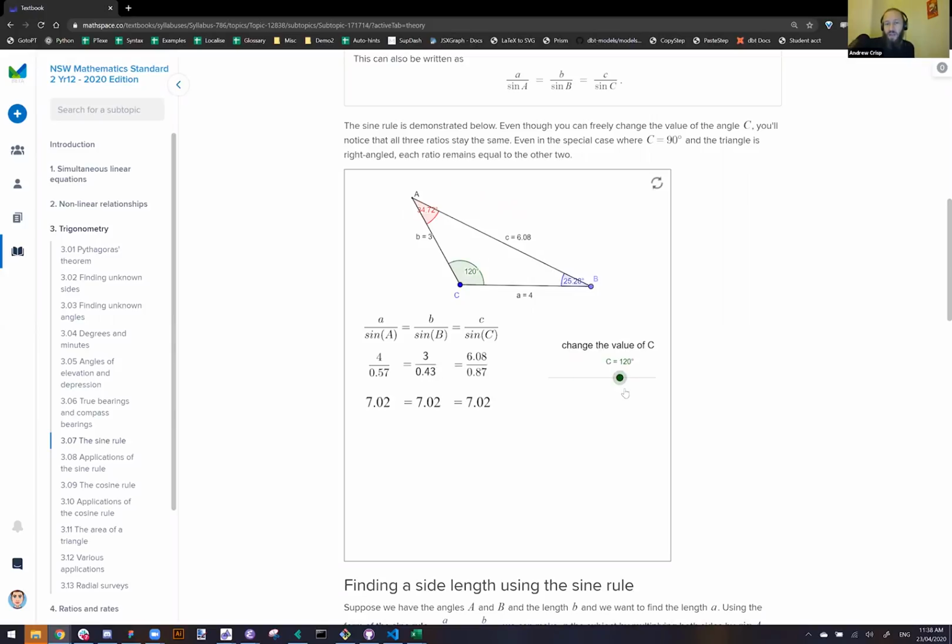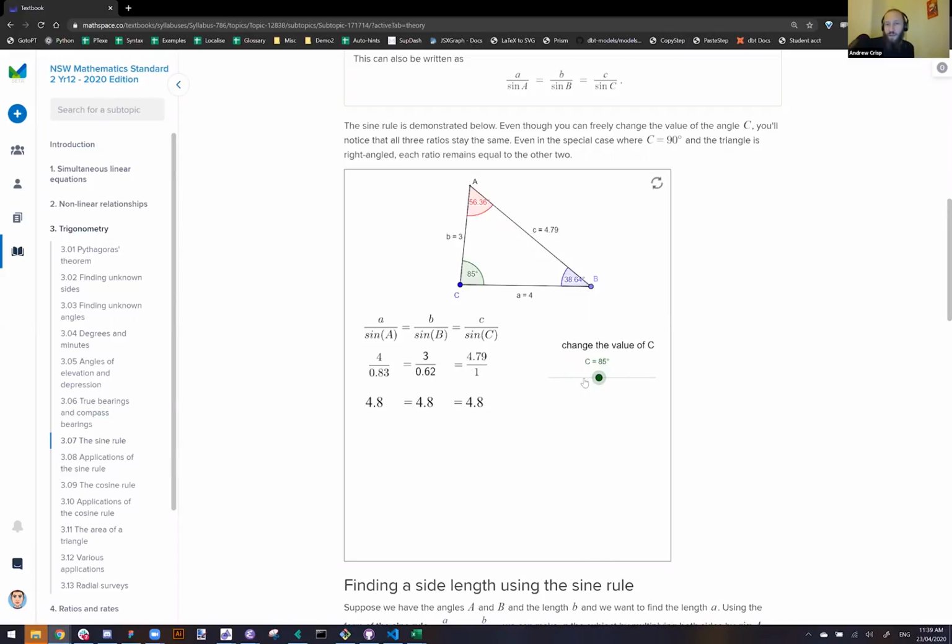A is not changing because A is staying at 4. I'm just rotating this capital A around. So this length isn't changing. So you can see that that stays at 4. But because I'm moving A around this point A, then this also isn't changing. It's staying at 3. So this numerator is staying there.